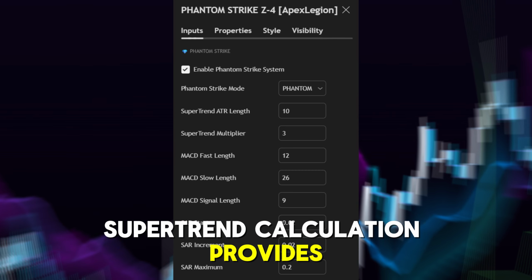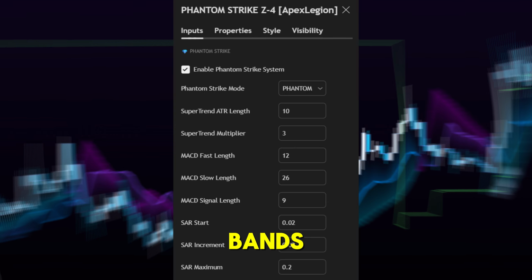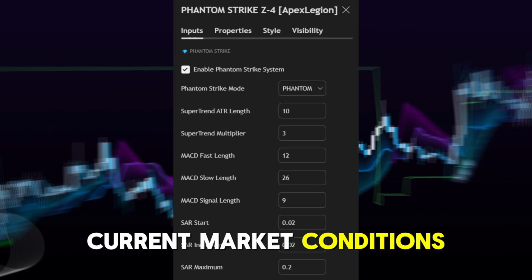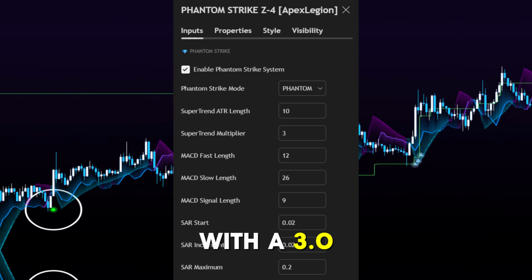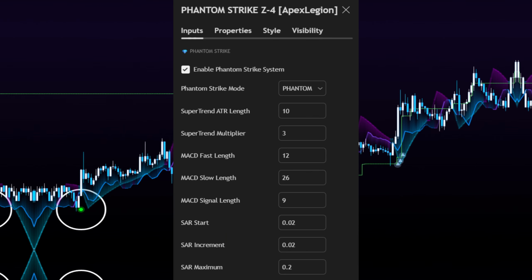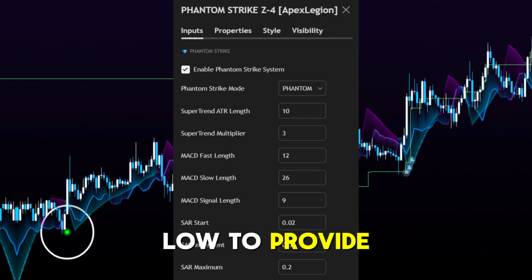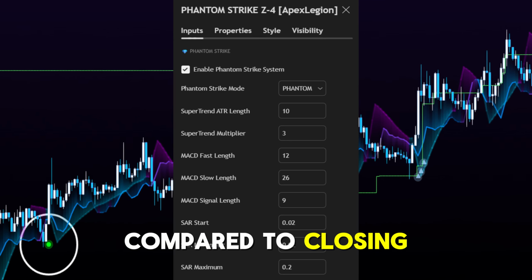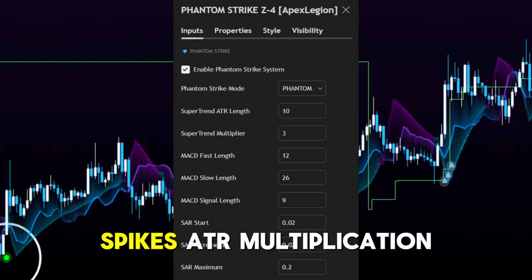Supertrend calculation provides the directional foundation through volatility-adjusted bands that adapt to current market conditions. The system employs a 10-period ATR length with a 3.0 multiplier to create dynamic support and resistance levels. The HL2 methodology, using high plus low, provides stable price reference compared to closing prices alone, reducing sensitivity to intraday price spikes.